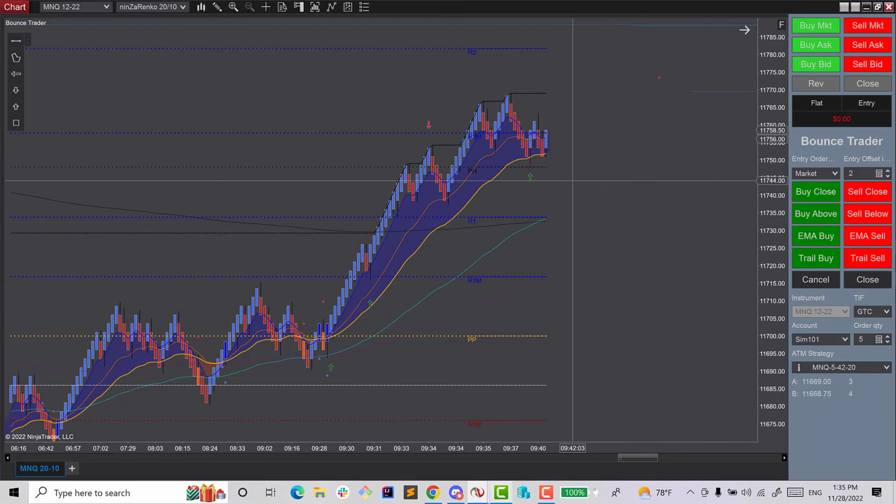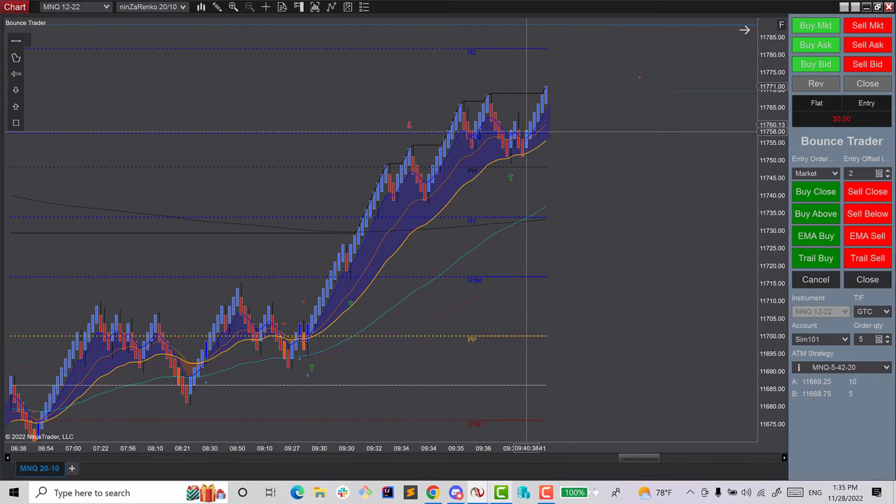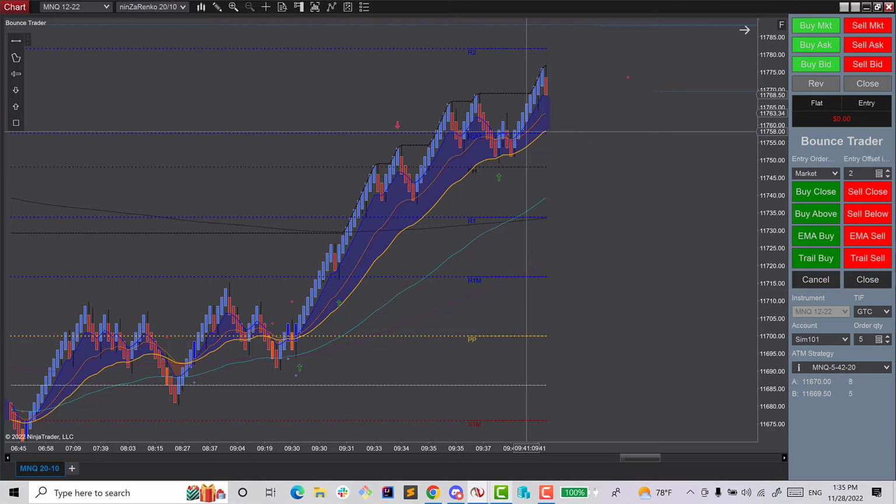It bounced on me a little bit, but it didn't touch my stop loss, so eventually it gave me the profit. I entered here and I exited somewhere here, two bars from the signal bar. So that was the fourth trade, and here was the fifth trade.